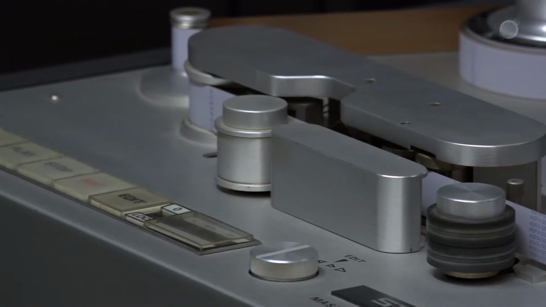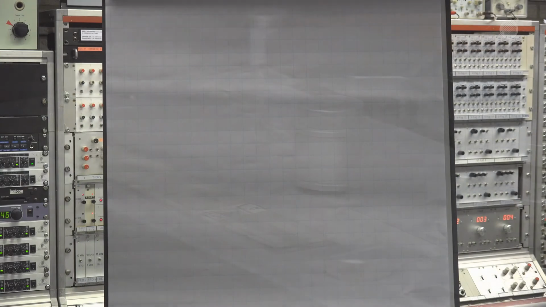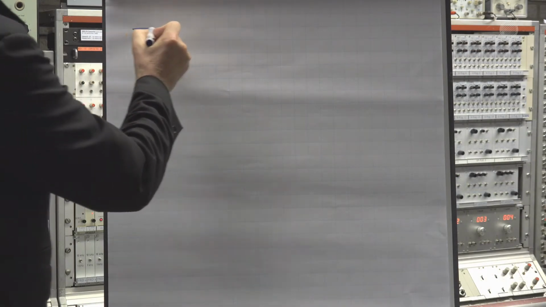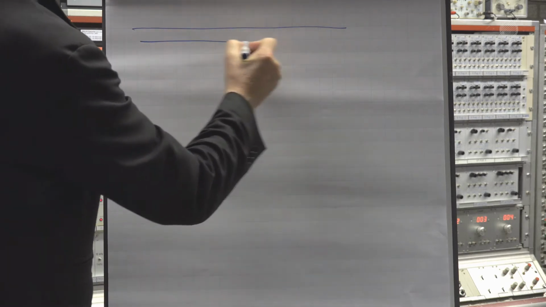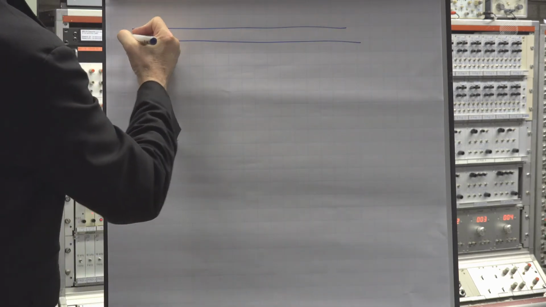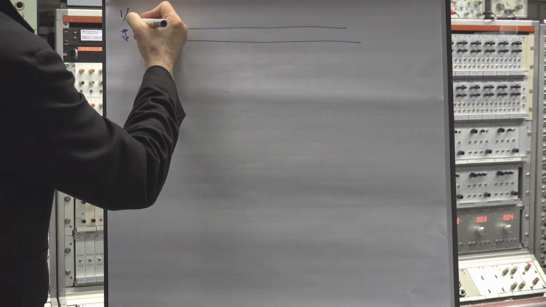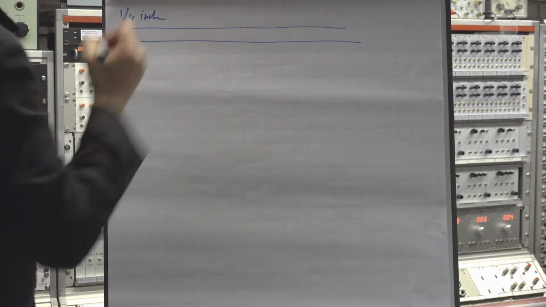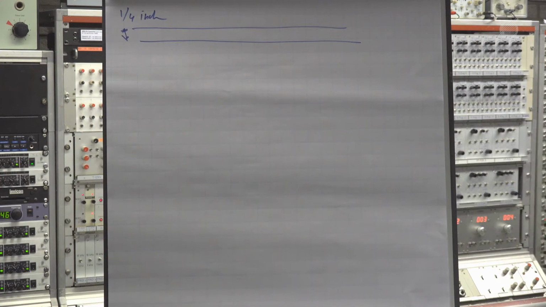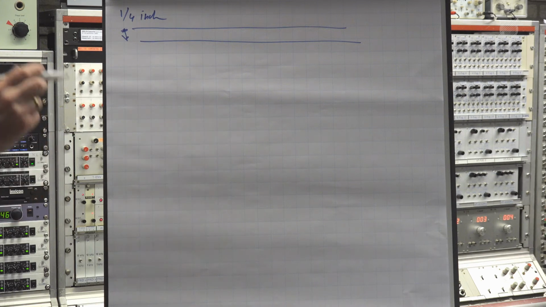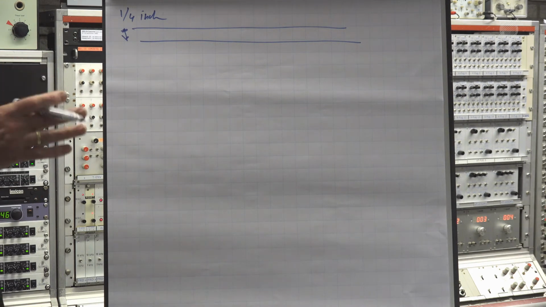We have tapes of originally 1/4 inch width, so that means that if I have the tape like this, this width here is 1/4 of an inch. Initially, tape was mono. I mean, the tape itself is nothing, yeah, but the tape machines were mono.